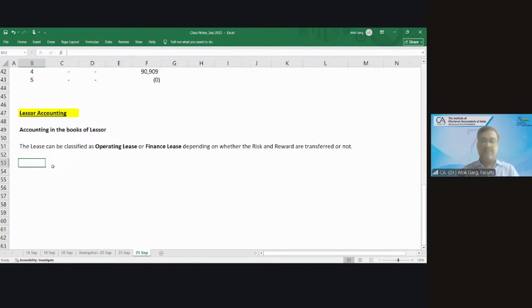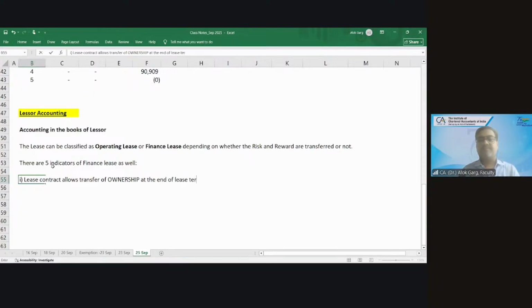There are 5 indicators of finance lease as well. What are the 5 indicators? Number one, the lease contract allows transfer of ownership at the end of the lease term, means purchase option is there, right?